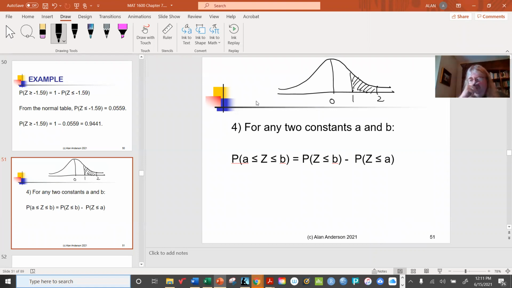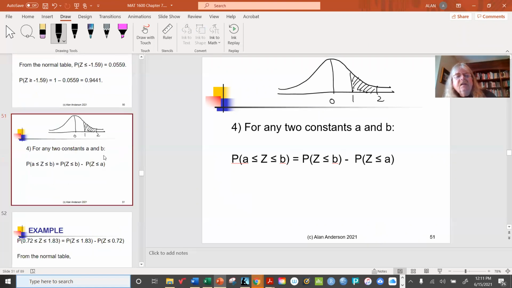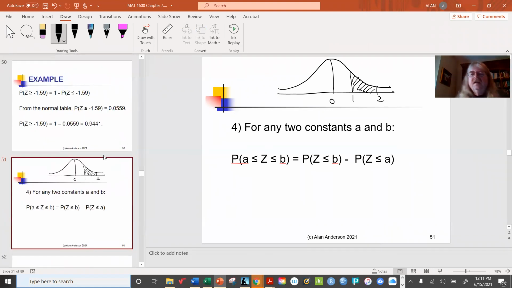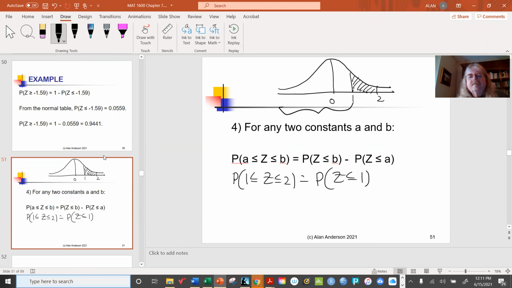What do we do about it? Well, here's our basic strategy. We'll take the probability that z is less than or equal to 1, which is all of this.